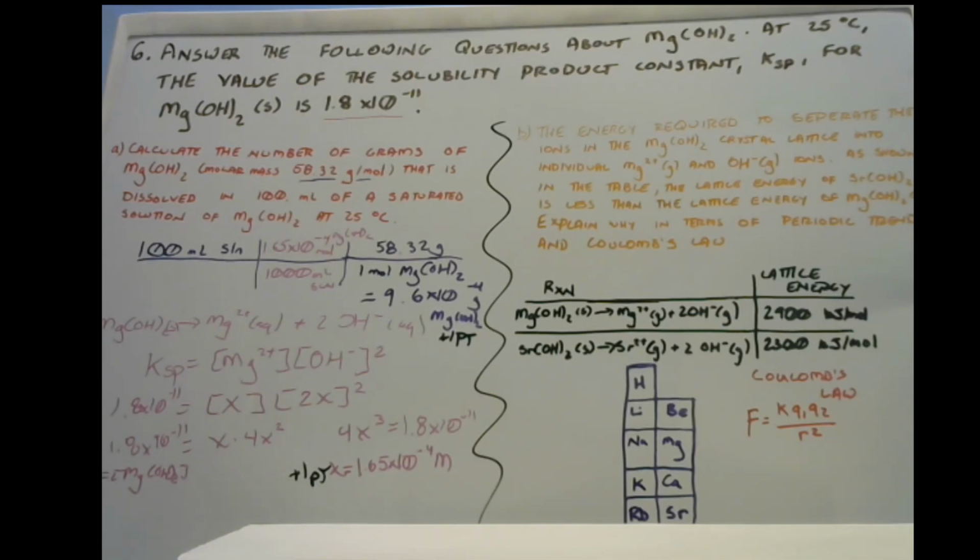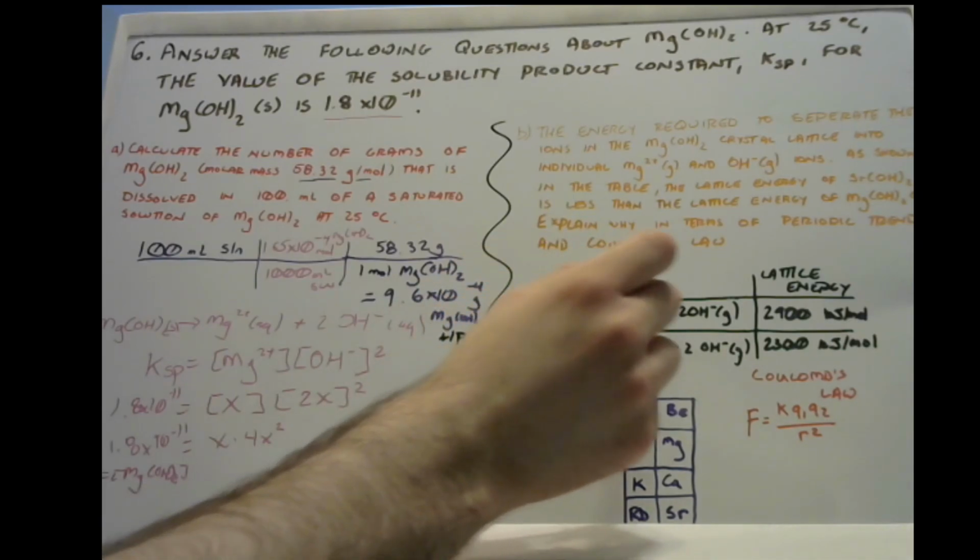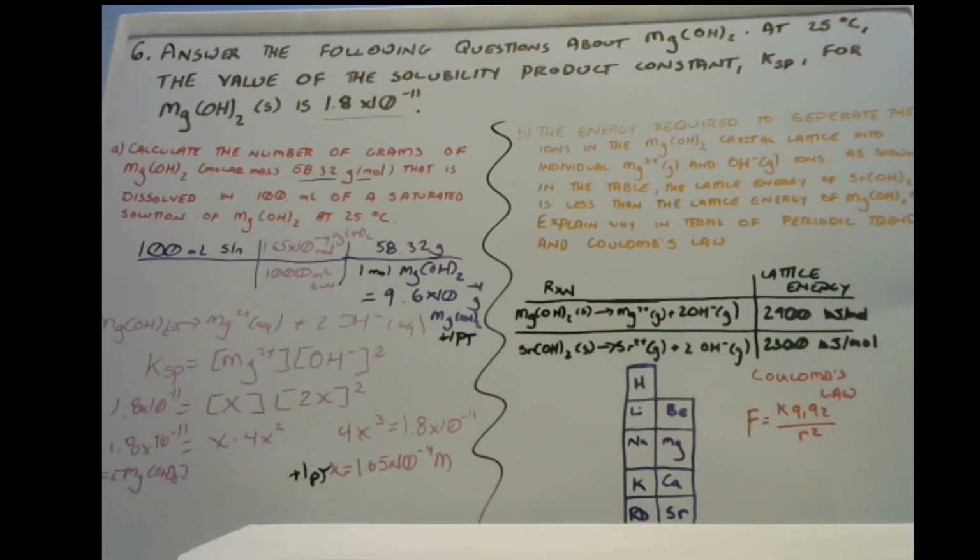The bigger the number you divide by, the smaller your answer. Therefore, the attractive forces between the strontium and the hydroxide are smaller than the ones between the magnesium and the hydroxide, thus giving it a lower lattice energy.